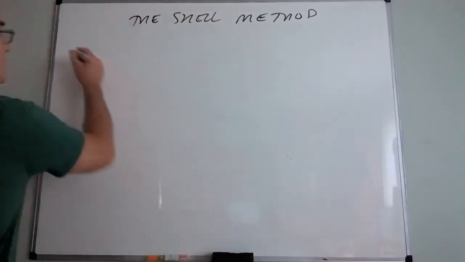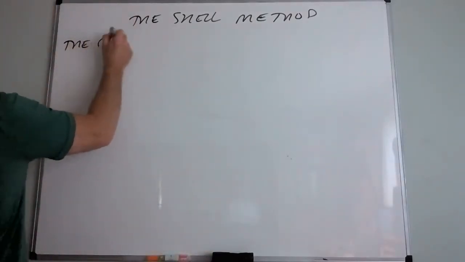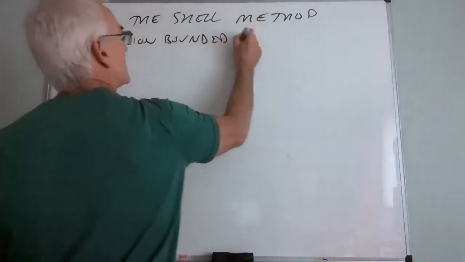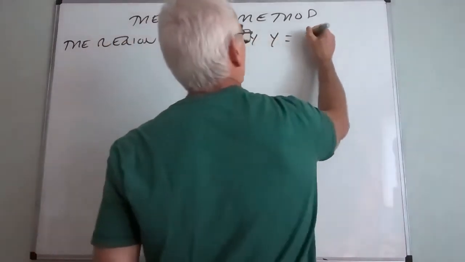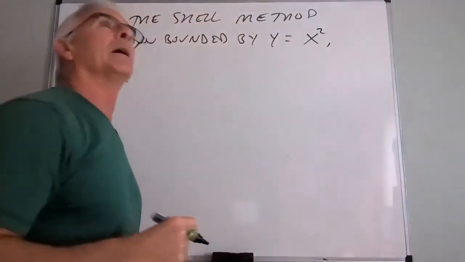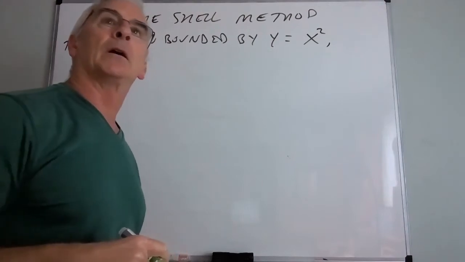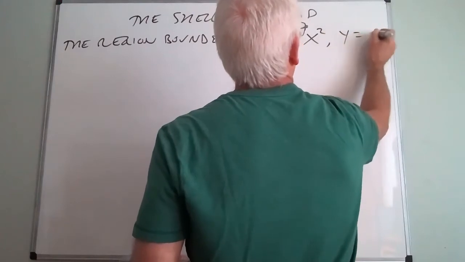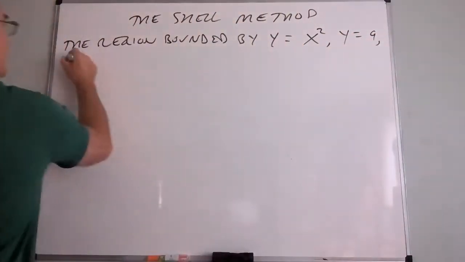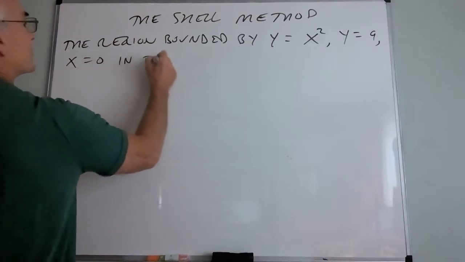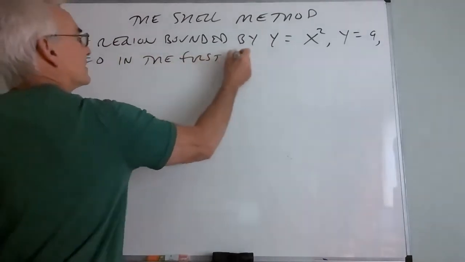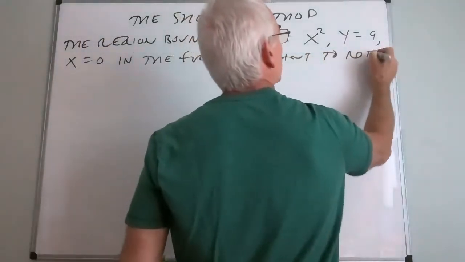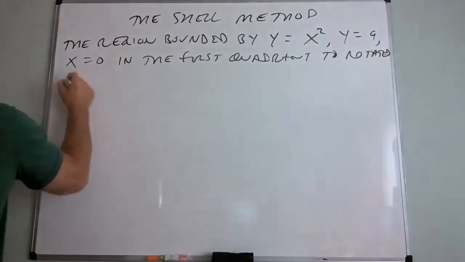Okay, so let's say the region bounded by y equals x squared. I'm going to keep this simple. y equals x squared, y equals 9, and x equals 0 in the first quadrant is rotated about the y-axis.